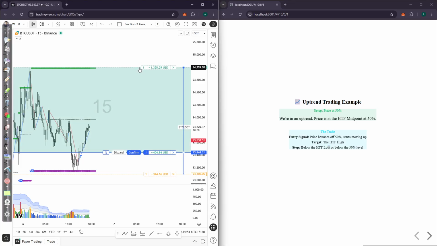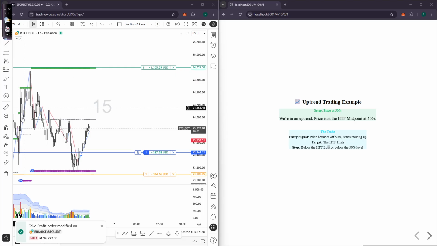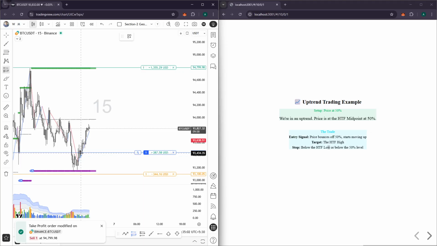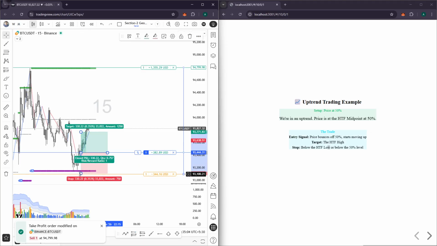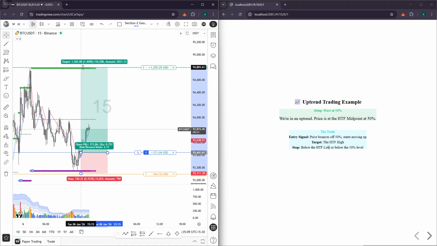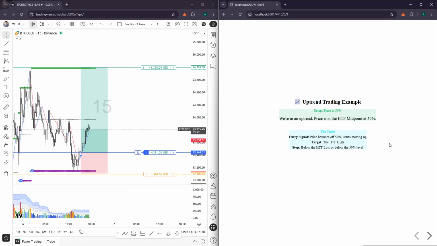If we measure this, we can measure the trade here. So I can take a long position, I enter there, stop loss there, and my take profit I put here. So it's a 1:4 trade. Price moves up, reaches the STFI, that's our target hit, and it's going to hit later on, which I'll show you in the video.